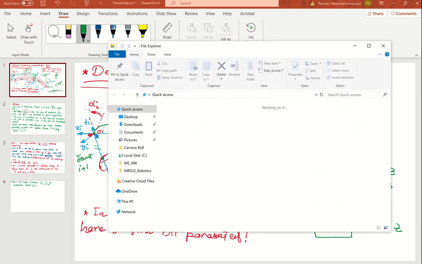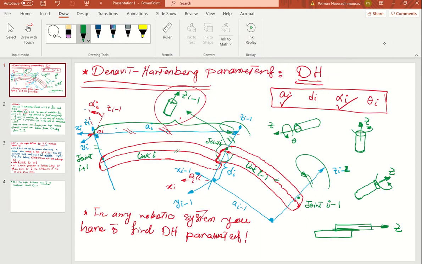After setting up all the coordinates, look at this coordinate: zi minus 1, xi minus 1, yi minus 1. If I transfer xi and put it here, the angle is measured from xi minus 1 to xi, but you have to use the right hand rule around zi minus 1, your thumb on zi minus 1.